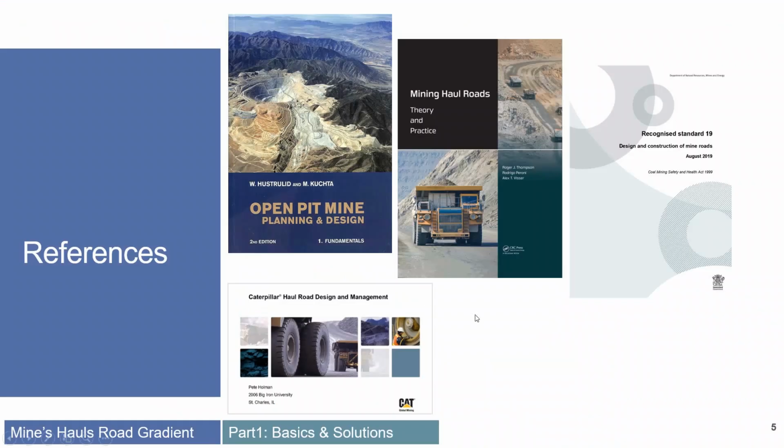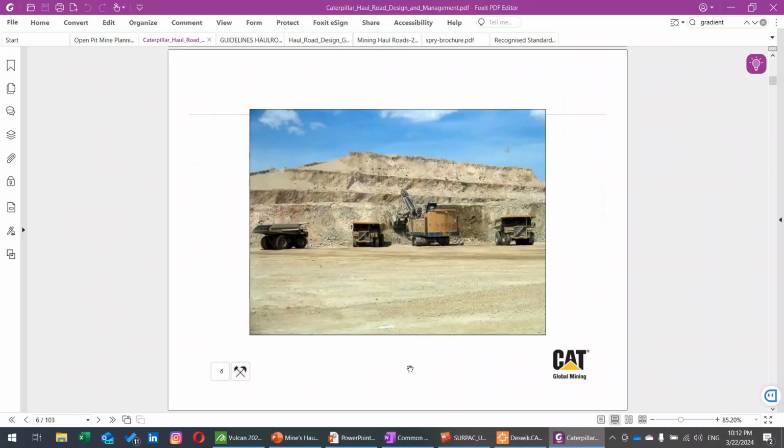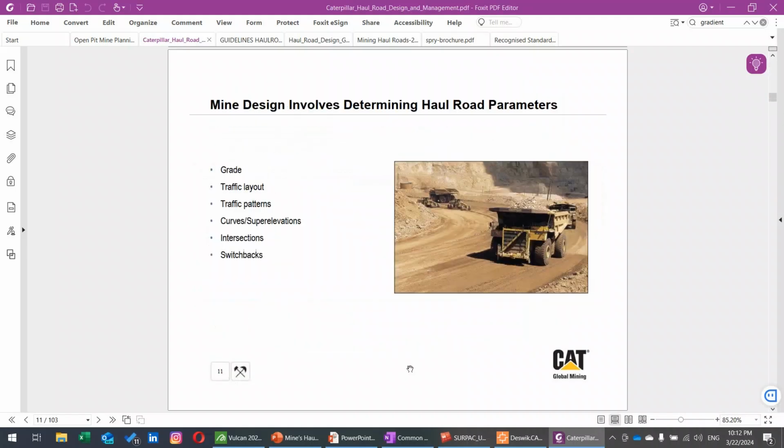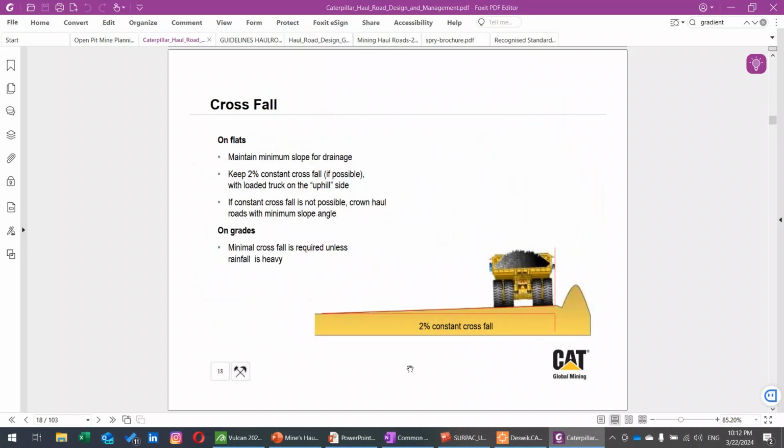And at the end, I want to introduce this very handy and useful guideline from Caterpillar entitled Haul Road Design and Management by Peter Holman. Let's page through this very handy guideline. I just want to show you how plenty of information and tips are provided here.